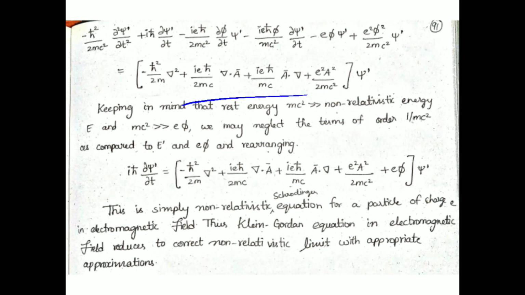Now keeping in mind that rest energy mc square is much greater than non-relativistic energy E. So rest energy of the electron is much greater than non-relativistic energy. That is, mc square is much greater than e phi and mc square is much greater than E. And we may neglect terms of the order 1 by mc square as compared to E dash and e phi, and rearranging.